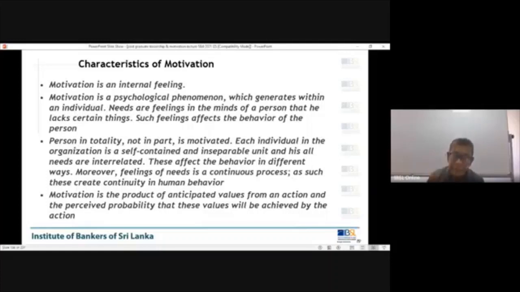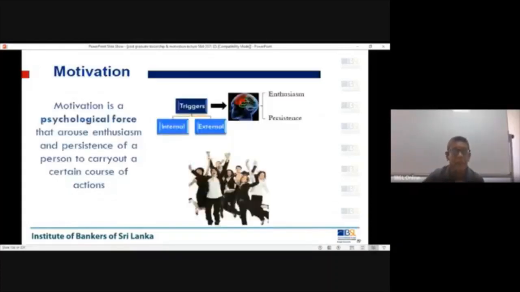It is an internal feeling. Therefore, motivation is a psychological force that arouses enthusiasm and persistence in a person to carry out a certain course of action.